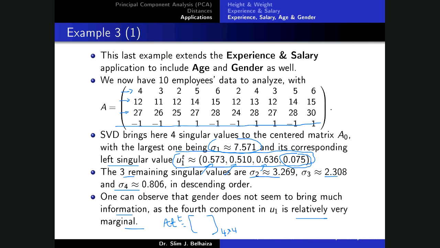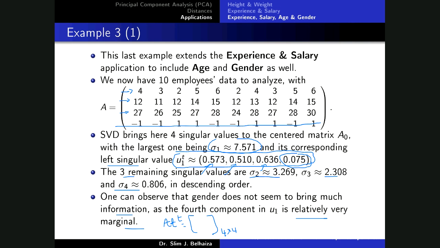Here I can show it right now to you, and I will share the Python code with you. But here the entry of this is very small. So whenever you multiply by sigma 1 and v1, whatever happens, this is going to stay very small. That's why I had the idea to remove this complete row. Did I answer your question?